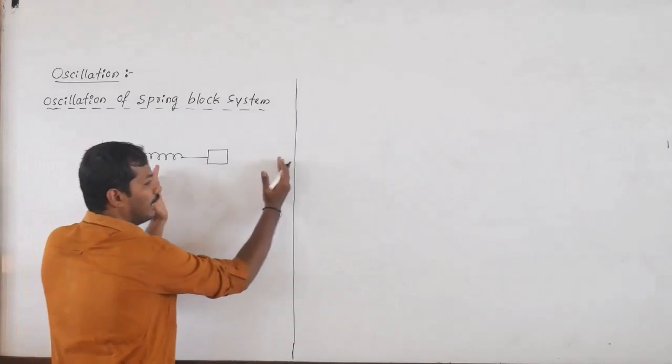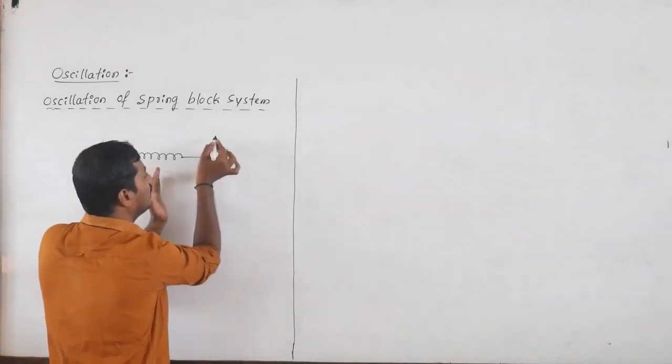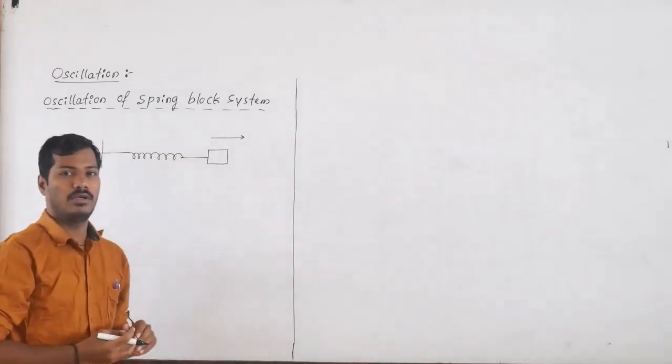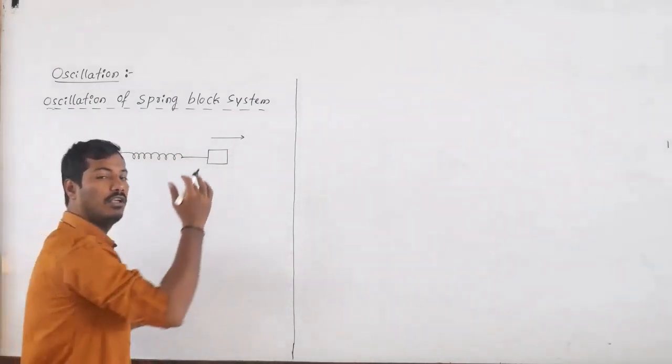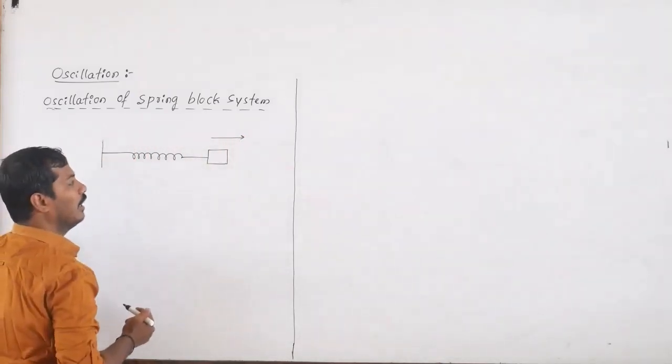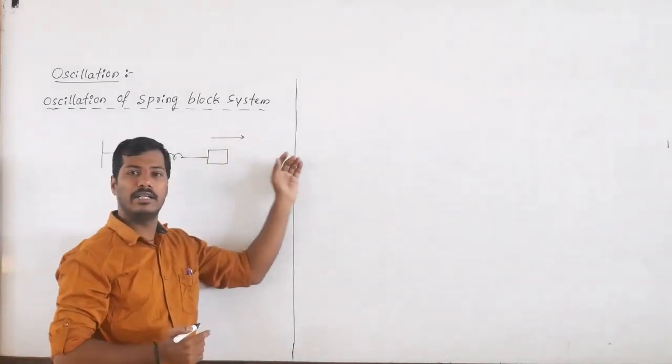It is elongated when you pull it, or you can push. If you push, it becomes compressed. If you pull like this, it gets elongated.